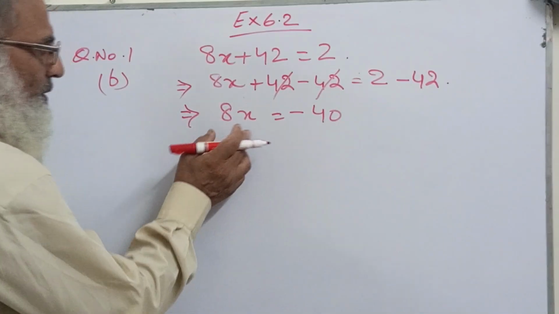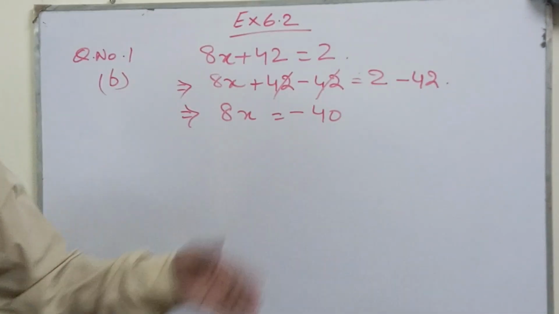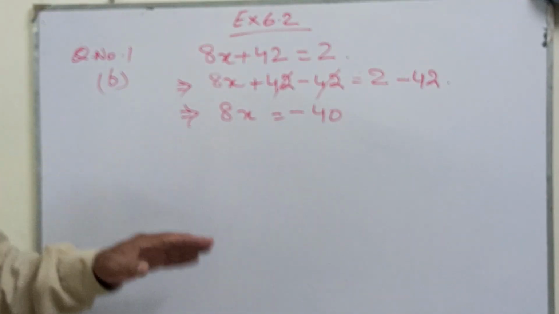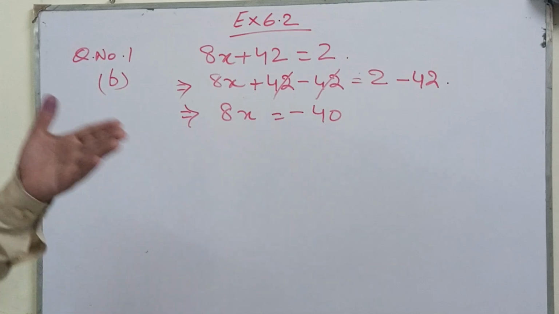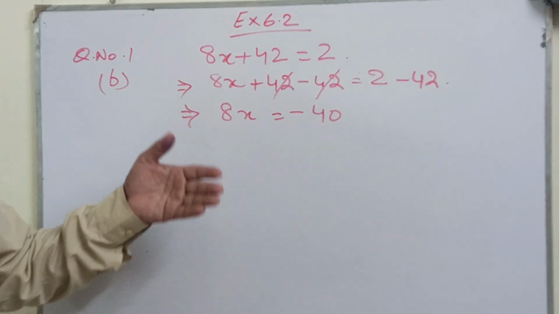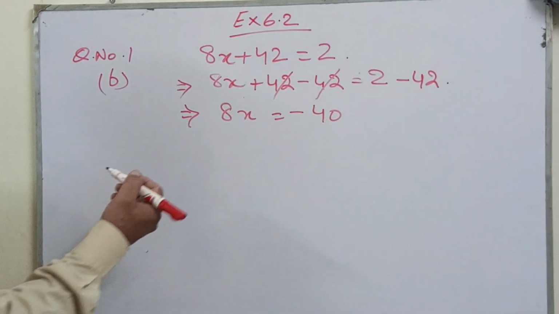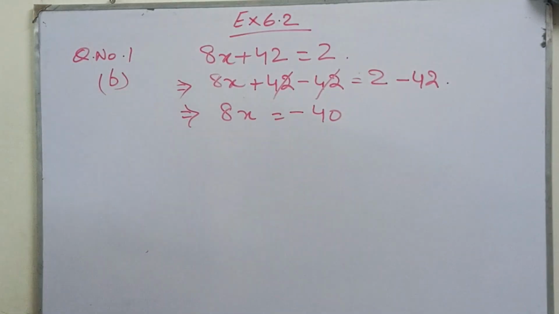And now you see that the equation is very clear. But since we have to find the value of x, not the value of 8x, what we do again is put something on the left hand side, and similarly on the right hand side.